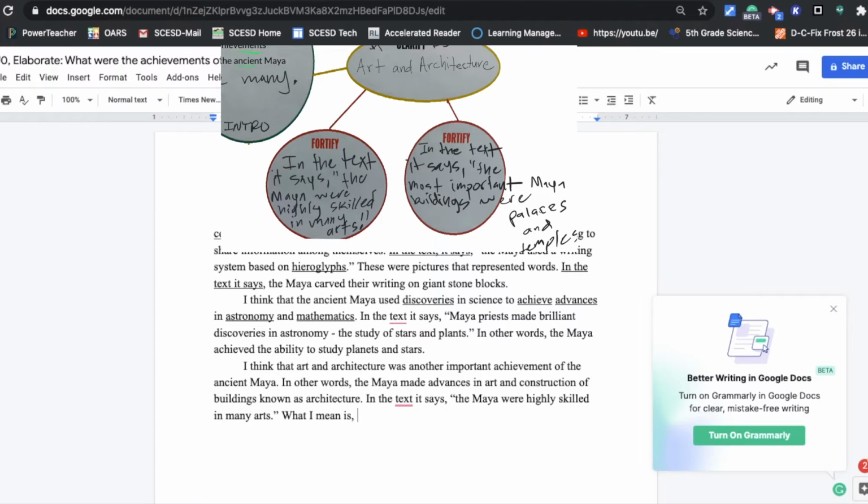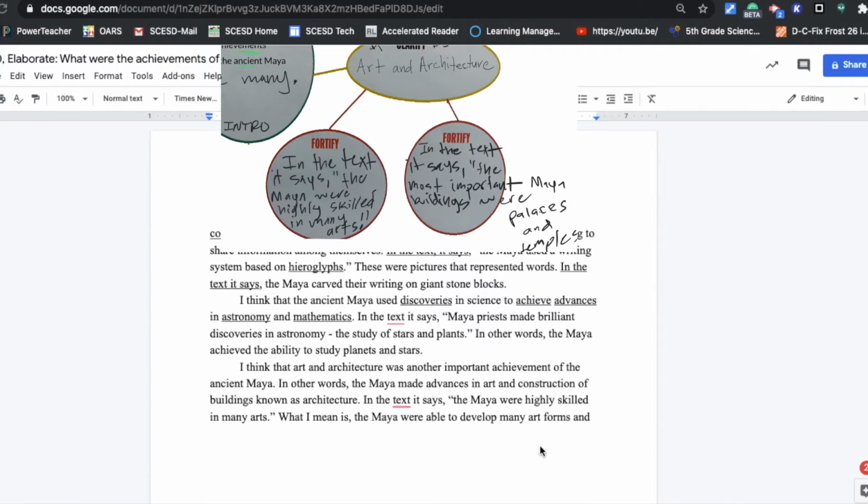What I mean is, the Maya were able to develop many art forms. Oh, take a pause right now. All right, what I mean is the Maya were able to develop many art forms and styles of building.